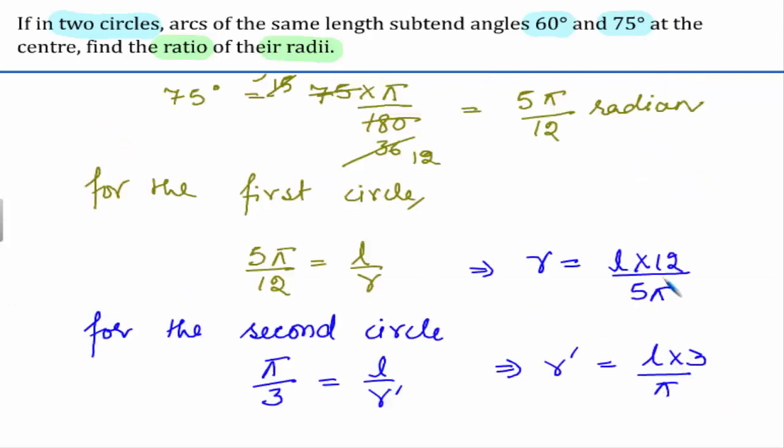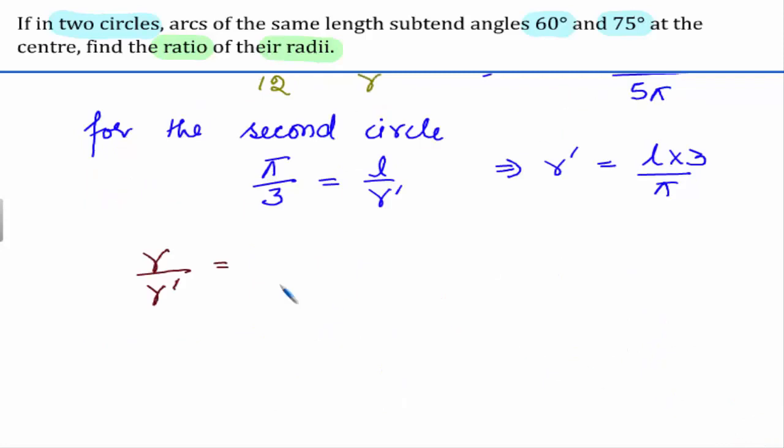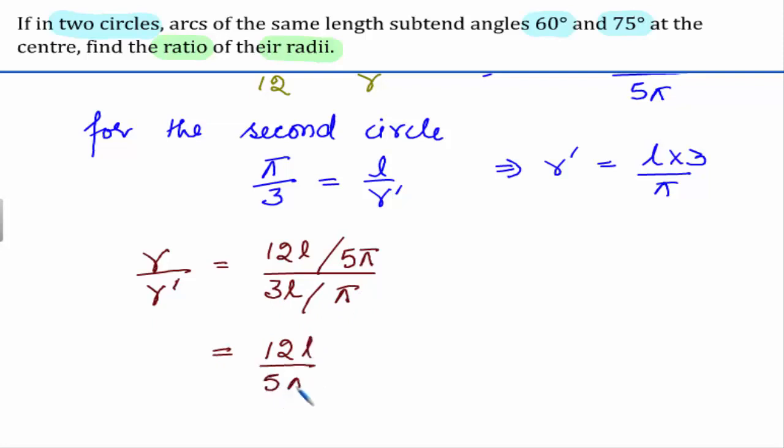R is 12L divided by 5 pi, and R dash is 3L divided by pi. So this is equal to 12L divided by 5 pi into pi divided by 3L, cancelling pi with pi and L with L, and 3 4s are 12, is equal to 4 upon 5.